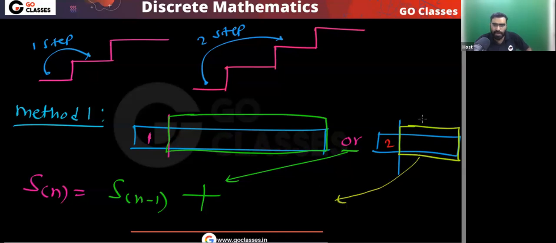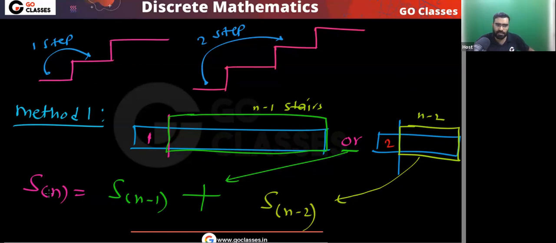Here you have n minus 1 stairs. So if I start with 2 steps, that will be Sn minus 2.